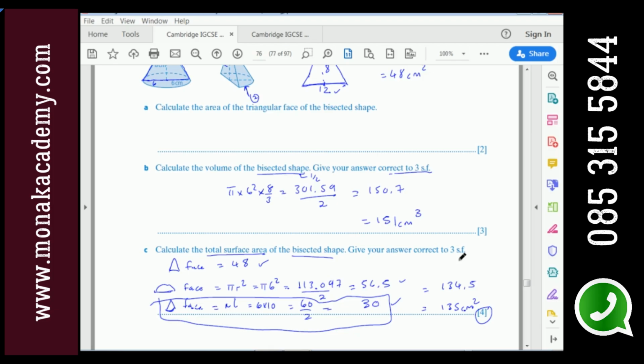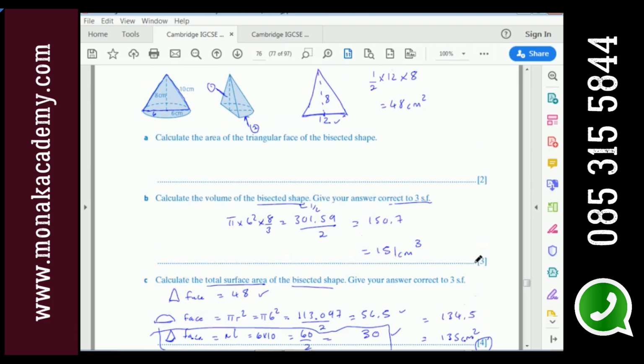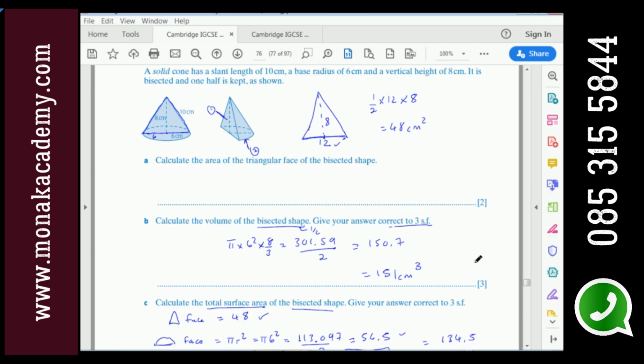That's why the first question I asked you was, how many sides do you see? Because if you can't see those sides, even when you start putting pen on paper, you won't know where to go. So I always say, get the destination first. Look at my shape, how many sides do I have, so that I know how many surface areas I need to calculate. And you already did the triangular face, so you just needed the bottom one and the slanted one.